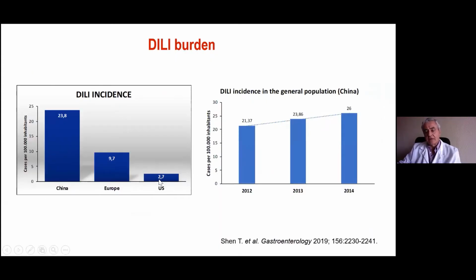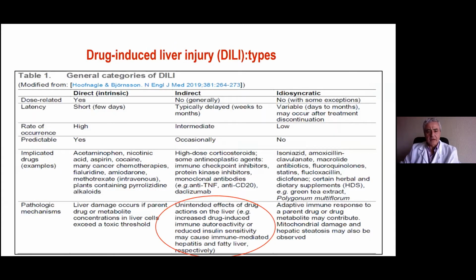Drug-induced liver injury has for many years been classified mechanistically into intrinsic, direct types, or idiosyncratic, an unpredictable type of liver damage. But very recently, a third type came along, which is called the indirect type of liver damage in DILI.